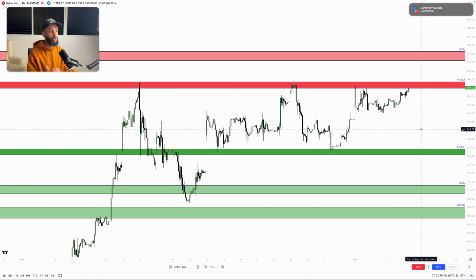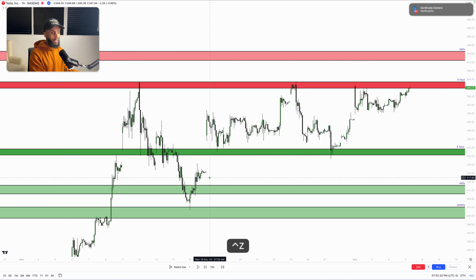Rather, we need to look back and see what Tesla is doing. The way I determine that is I look at levels that Tesla is breaking, not levels that it is necessarily finding support or resistance at, but levels that it is breaking.